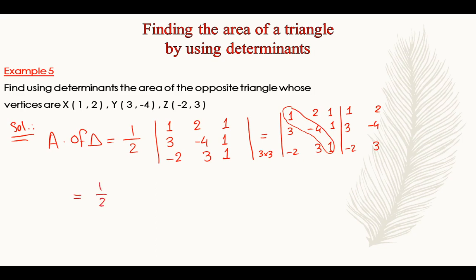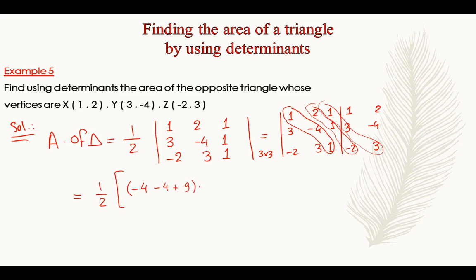So it will be half multiplied by 1 times negative 4 times 1, which equals negative 4. 2 times 1 times negative 2, which equals negative 4. And the last one, this is the second diagonal, and this is the third diagonal. 1 times 3 times 3, it will be positive 9.